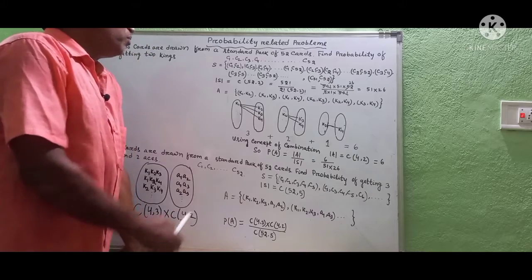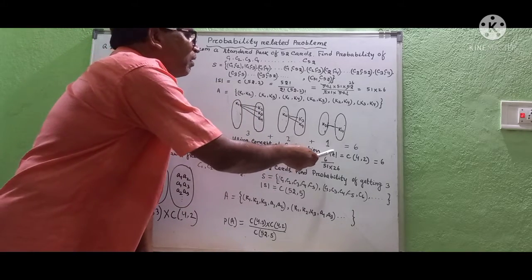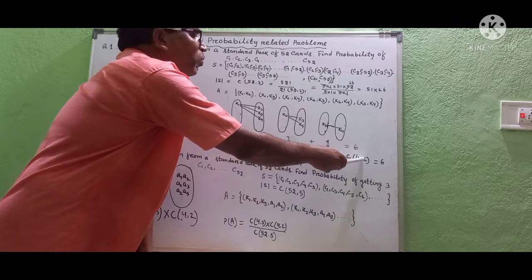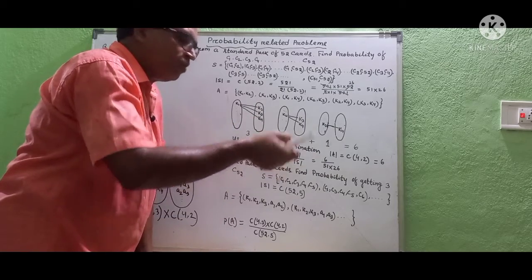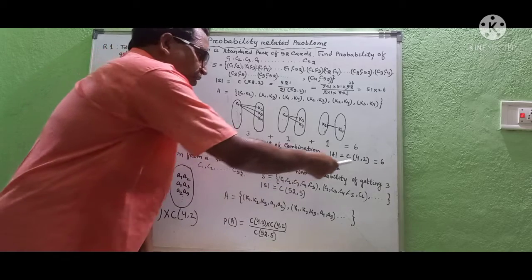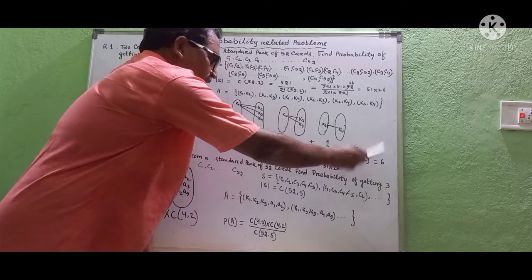So using concept of combination, cardinality of A is equal to C(4,2), that means taking 2 out of 4 cards, that is equal to 6.